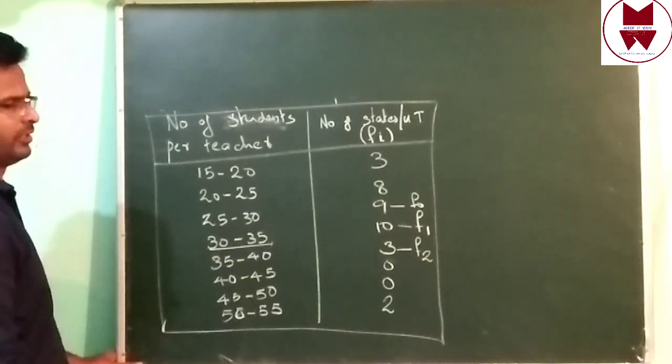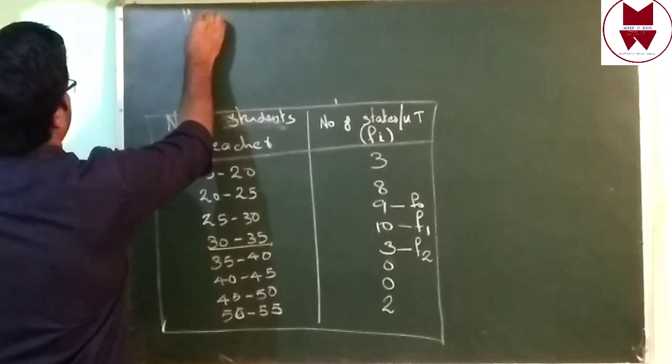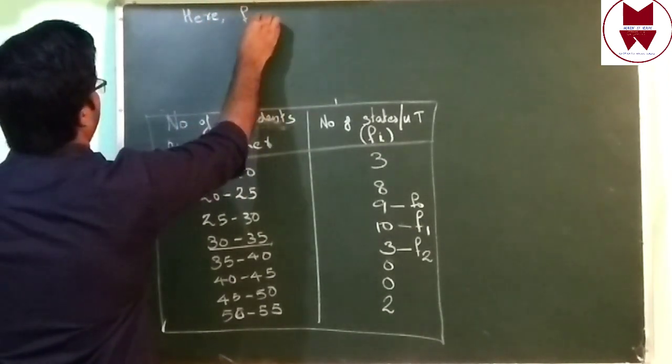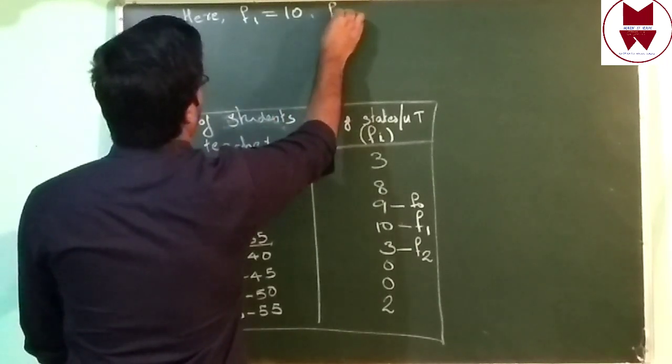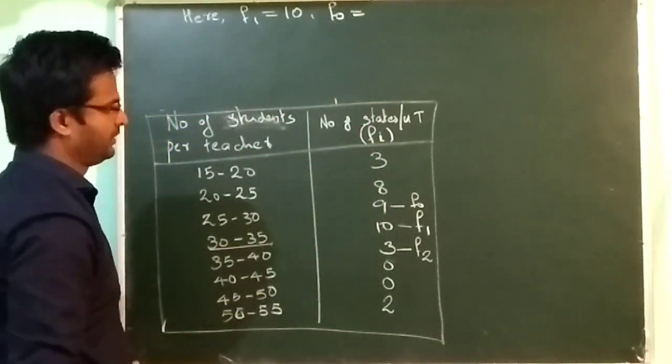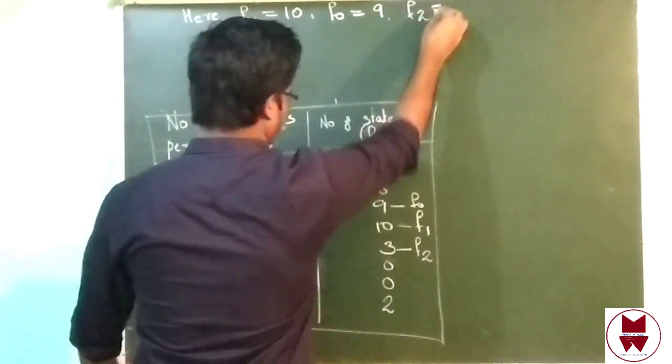Now we can write all the given measurements in here. F1 equal to 10, f0 equal to 9, f2 equal to 3.